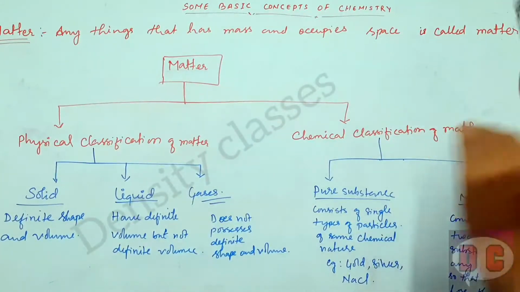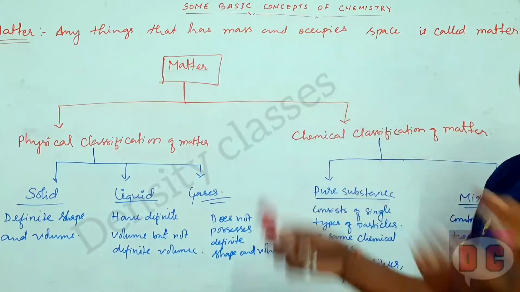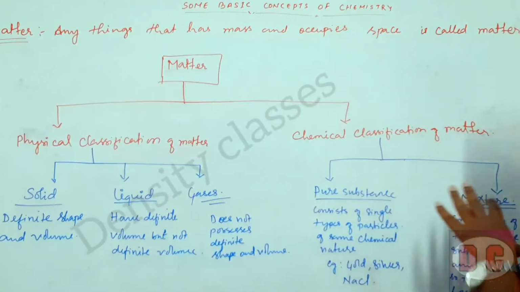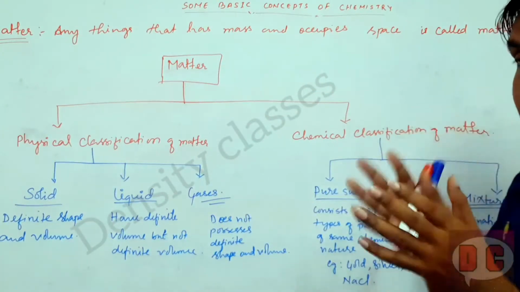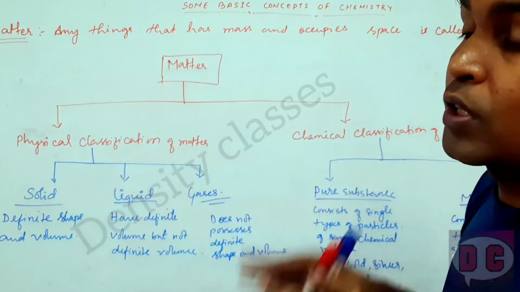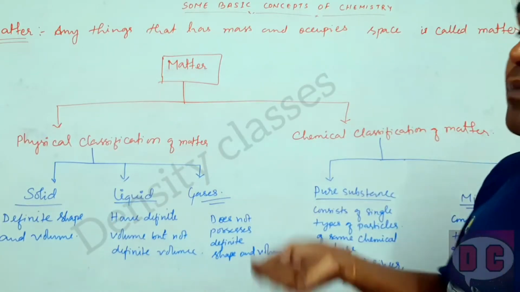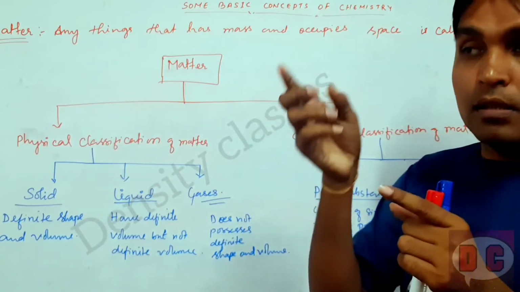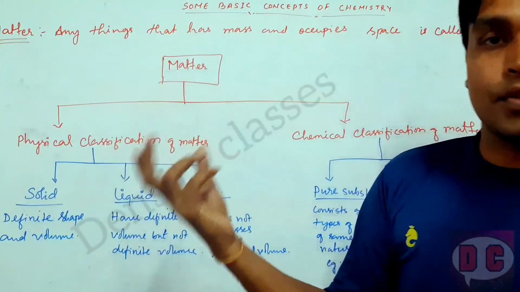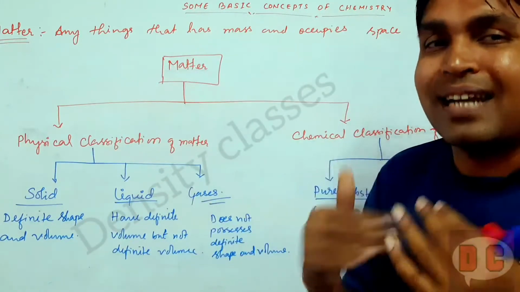So that means in a mixture we do not have any rules for combining. How much you want, you can add. Those substances which we get by this way of combination, we call a mixture. For example, water and sugar. But one thing you have to keep in mind: the components which you are adding, components meaning water and sugar, these two are called components. The components which you are adding should not lose their identity.